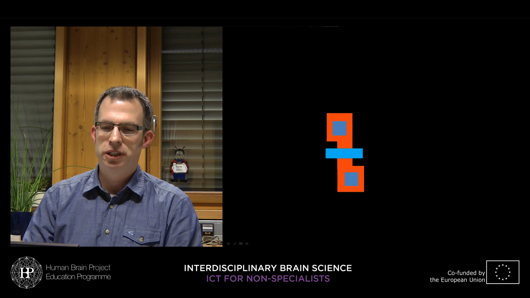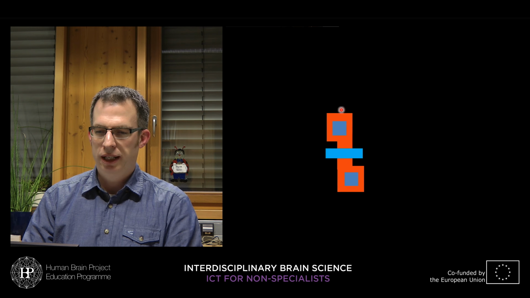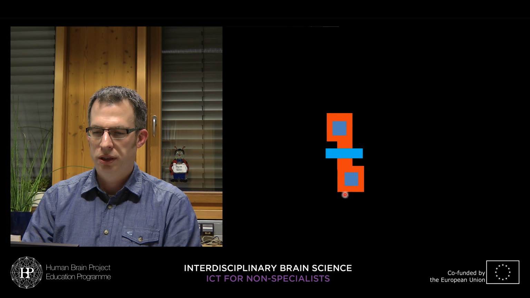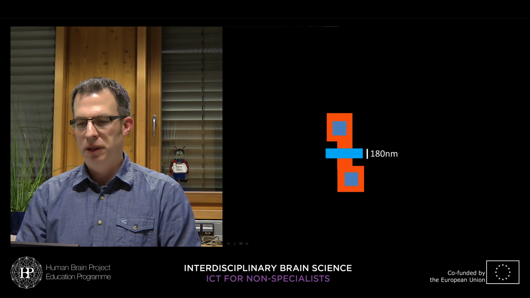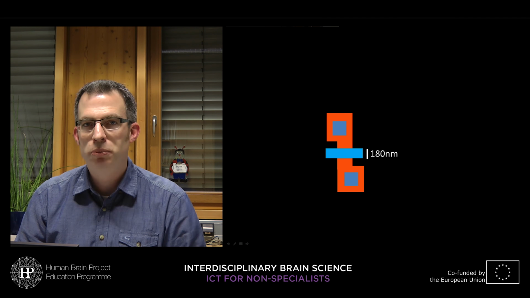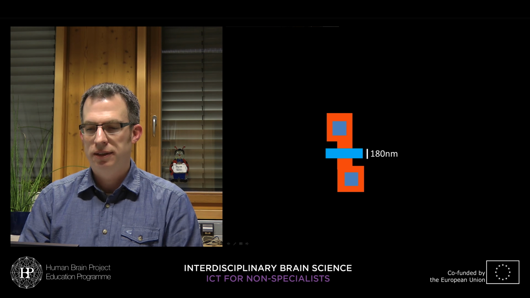You might recall the red areas here, that's the drain and the source terminals of the transistor. We are now looking from the top at the transistor, and this is the gate electrode. And in this technology, the gate electrode has a width of 180 nanometers, which gives us the length of the channel. That's the process parameter.